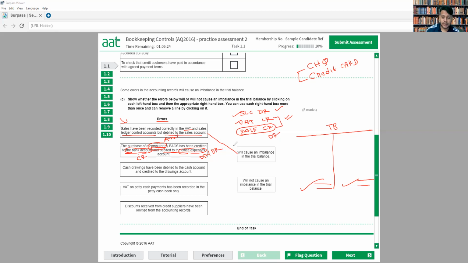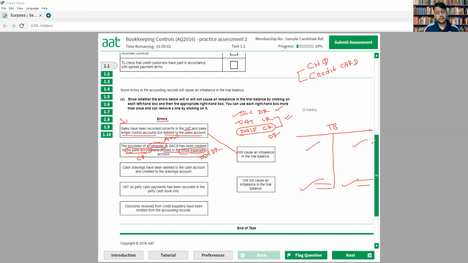So both come to the debit side and my bank comes to the credit side. So my trial balance will match, because the amount is equal. The trial balance only cares about the amount, not about the name of the transaction.